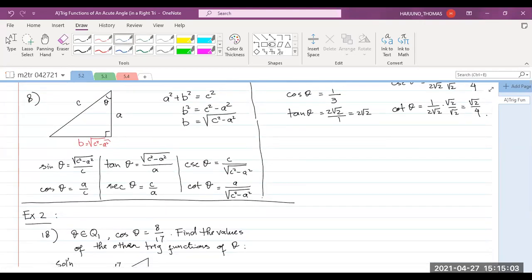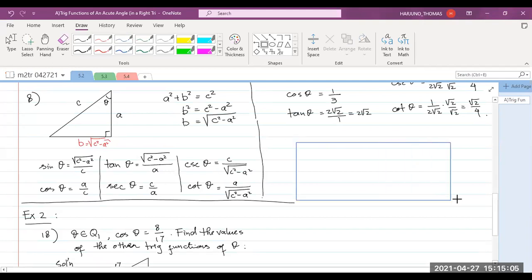I will box it here. Memorize these Pythagorean triplets.